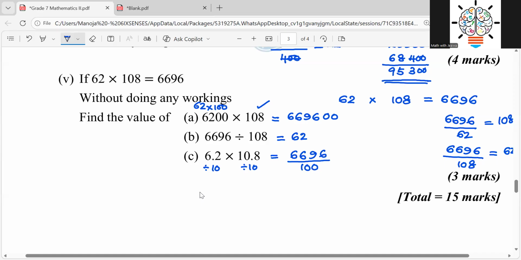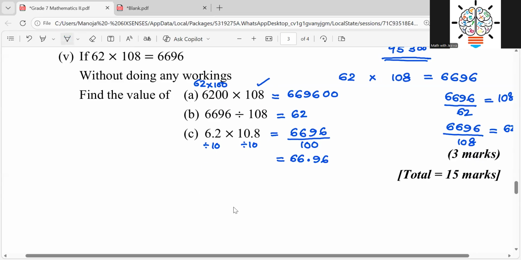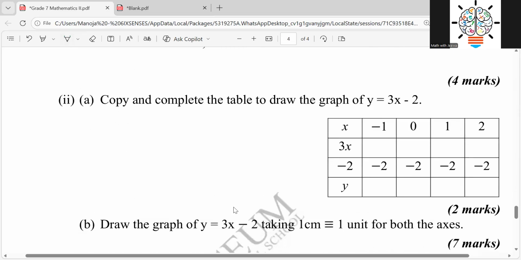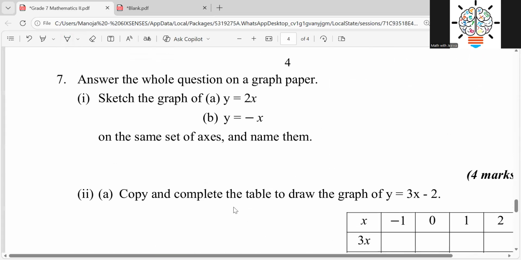Because the first part you divide by 10 and the second part divide by 10, definitely the answer should be divided by 100, 66.96. Right?